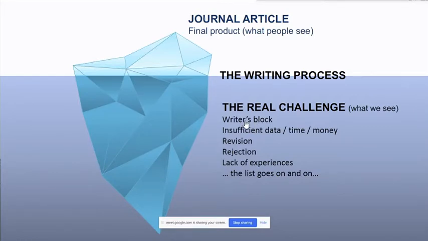Revision and then rejection. Rejection is also something that is bitter for us to swallow, but we have to accept the reality in the journal submission process. You will experience rejection more than acceptance sometimes. My latest paper this year went through two revision processes, and it was finally rejected.